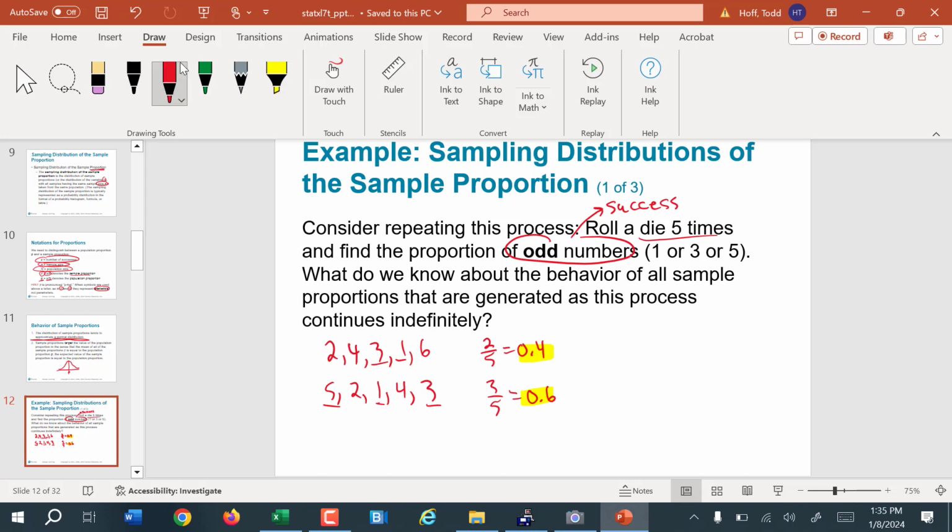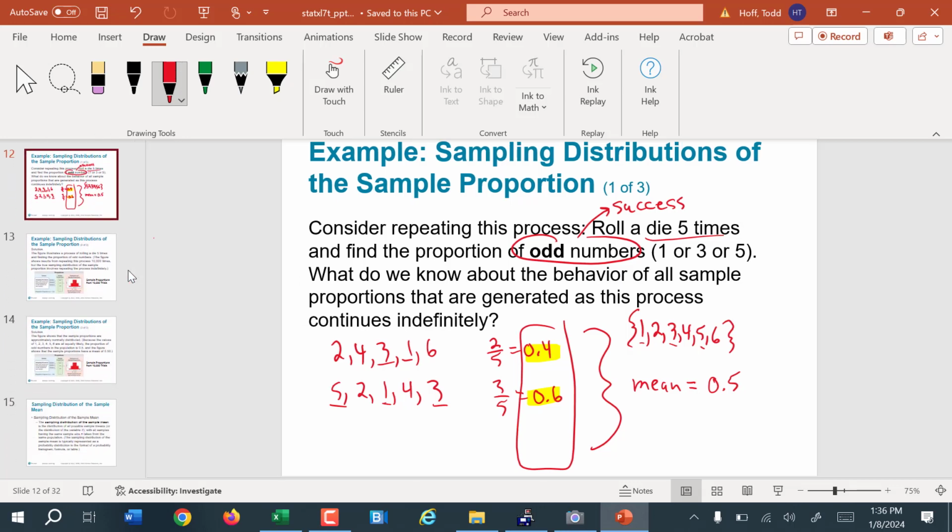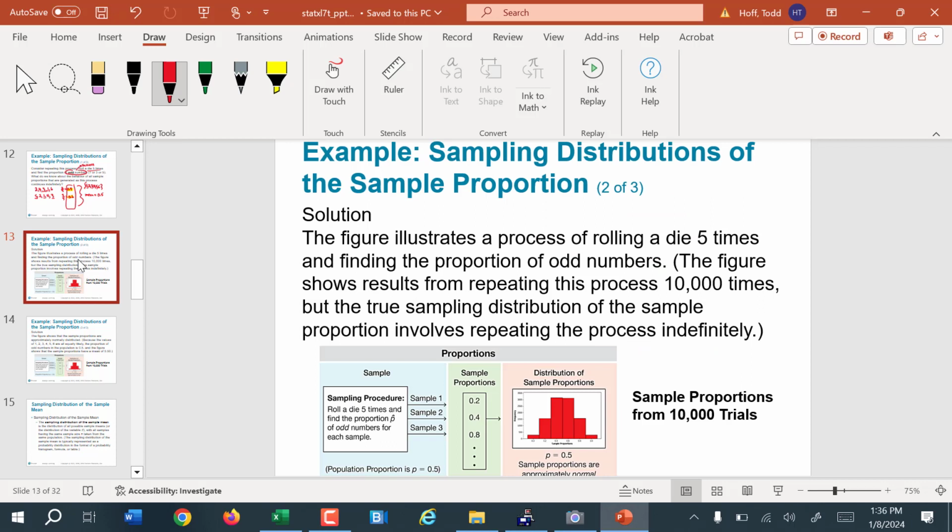When we were all done, we would take all of those sample proportions and find the mean of those, and the mean should equal the population proportion, which is 0.5. In the population of the numbers 1, 2, 3, 4, 5, and 6, all the possible results of rolling a die, there are 3 out of those 6, or 0.5 proportion, that are odd. We would expect the mean of our sample proportions to give us the same result.